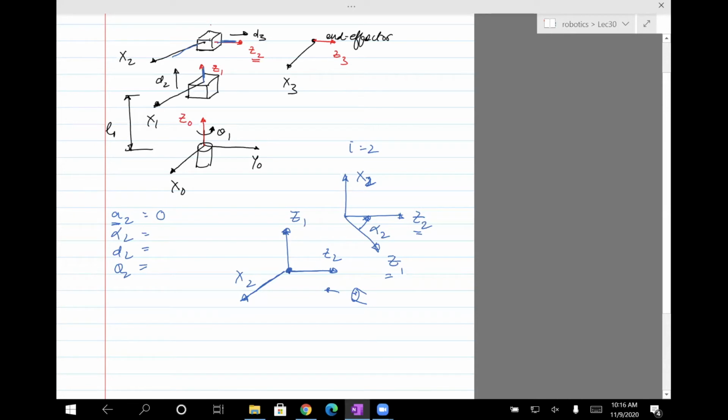You can use either of the two ways to get the direction. In this case, I put their tails intersecting each other at that point. Okay, so now I need to find the angle between Z1 and Z2 along X2.